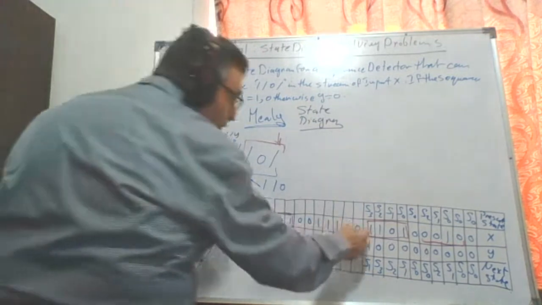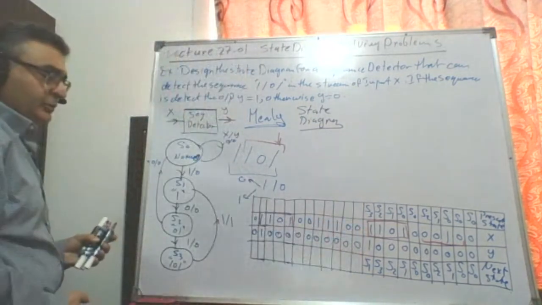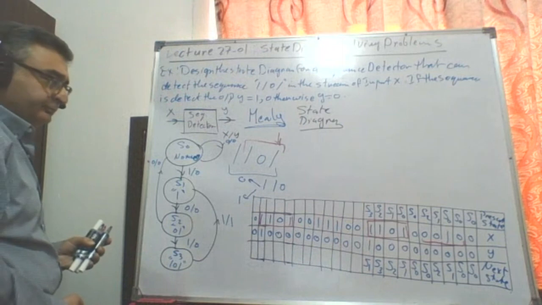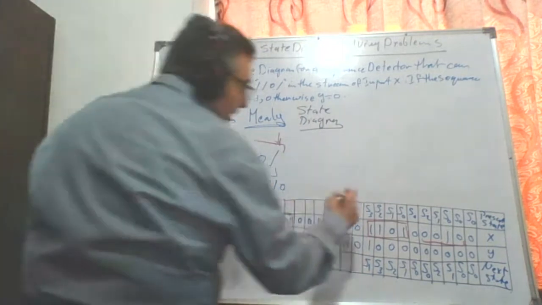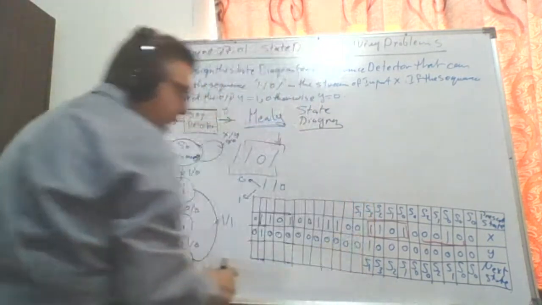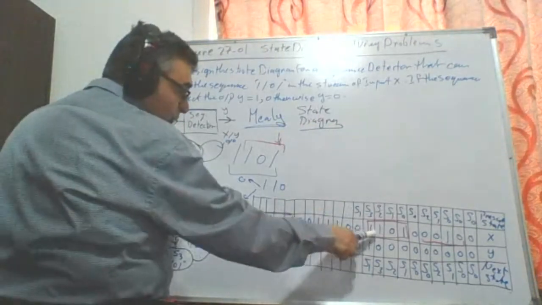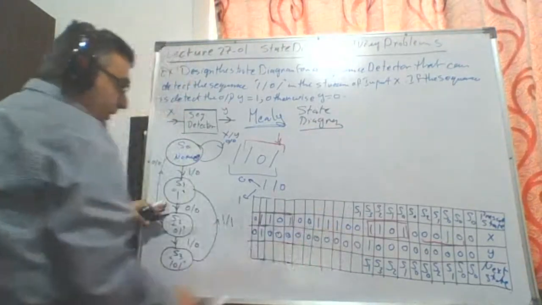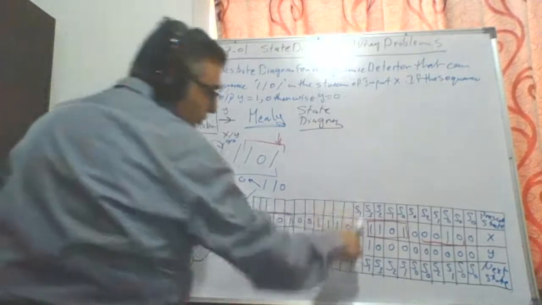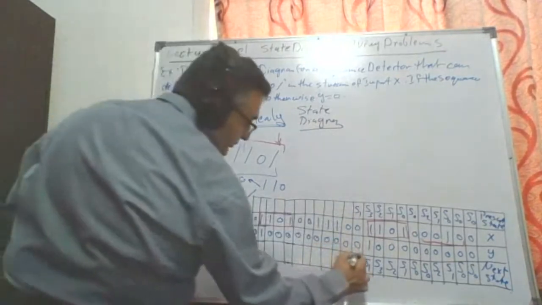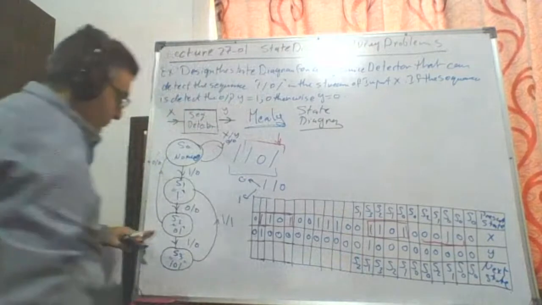Agree? Because I have hope to complete the sequence. Agree? All right. Now I am in S1 and I received 0. 0, 1, 0 means I can complete the sequence. So I will go to S2.